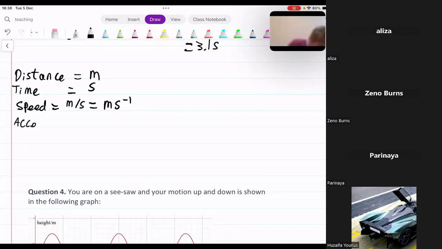And then acceleration is equal to speed divided by time. So it's meters per second per second, which is equal to meters per second squared. So in other words, your velocity changes by 1 meter per second, every second.